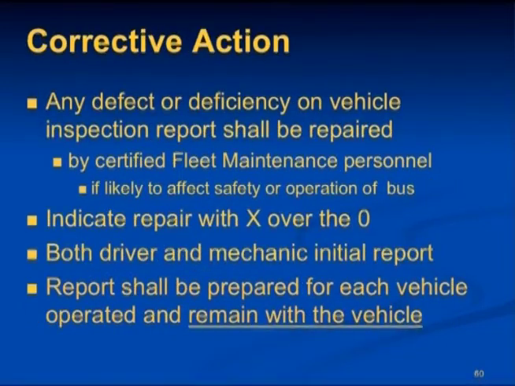Corrective action: any defect or deficiency on a vehicle inspection report should be repaired by certified fleet maintenance personnel if likely to affect safety or the safe operation of the bus. Indicate a defect on the form with a 0. When repaired, place an X over the 0. Both the driver and the mechanic should initial the report. The report should be prepared for each vehicle operated and remain with the vehicle.